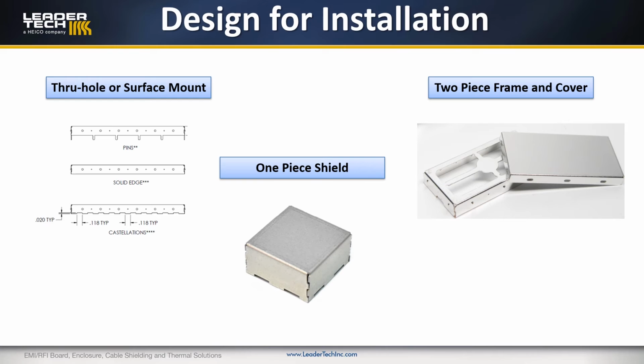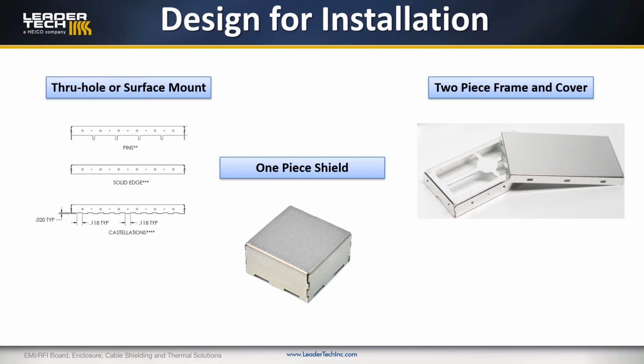In addition to trying to design a shield for good shielding purposes, you're also trying to make these parts easy to install. So there's a few aspects of the design that you have to look at when you're considering how you're going to install the parts on your circuit board. The first we look at is what type of edge, whether you're going to have pins, solid straight edge, or castellations.